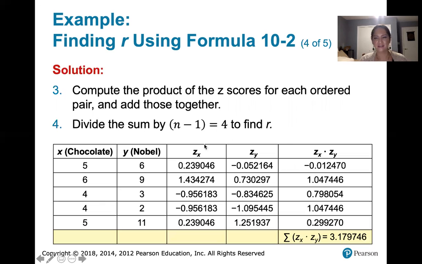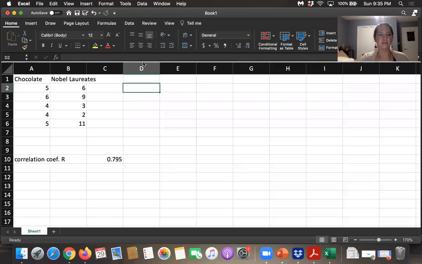And that turns out to give us something that looks like this. Now let's do all of that in Excel. Okay, so in Excel, these are my x values, and these are my y values, the Nobel laureates. So actually, I think I want to insert a column.